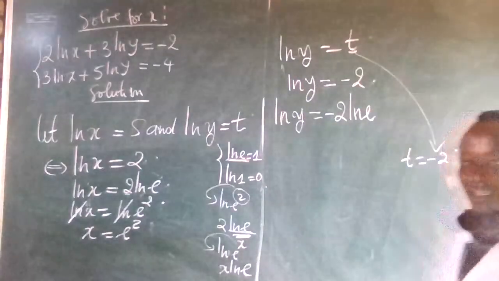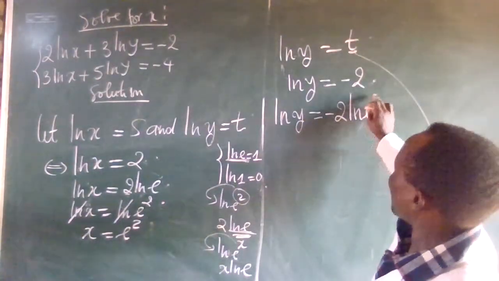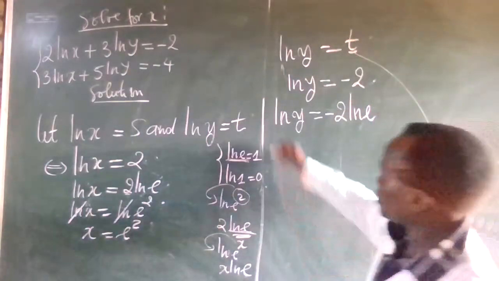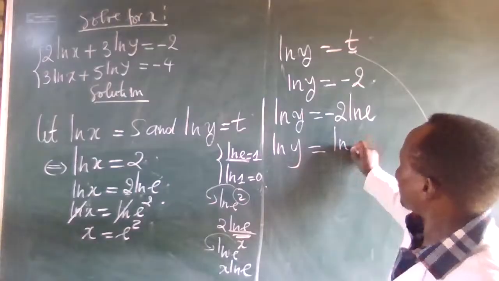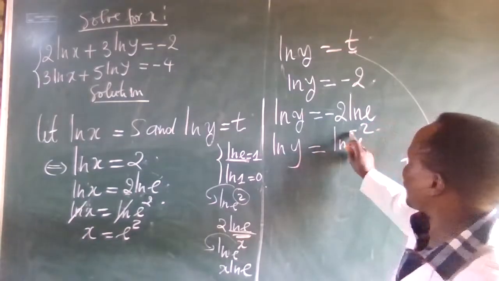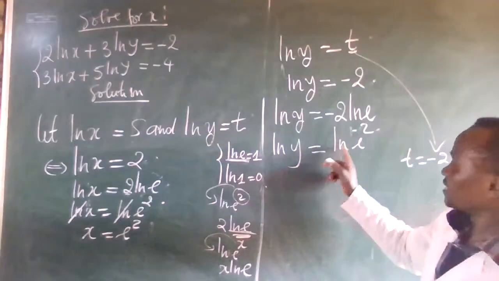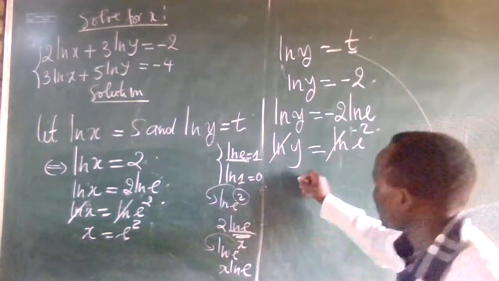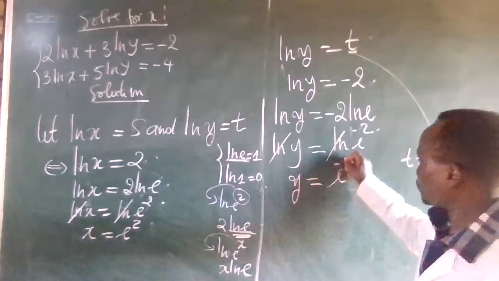Yes? Now we are going to take this minus 2 to become the power of e. It is ln of y, which is equal to ln of e power minus 2. So now here we are going to cancel this ln, and we will remain with y will be equal to e power minus 2.